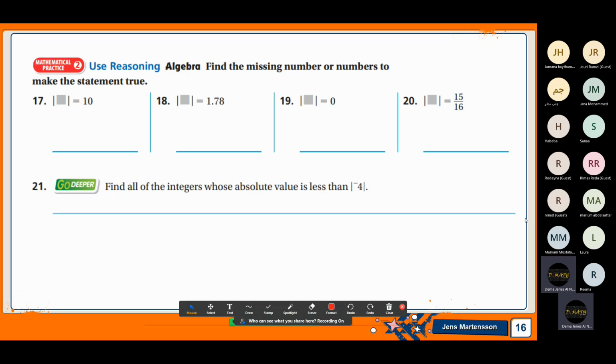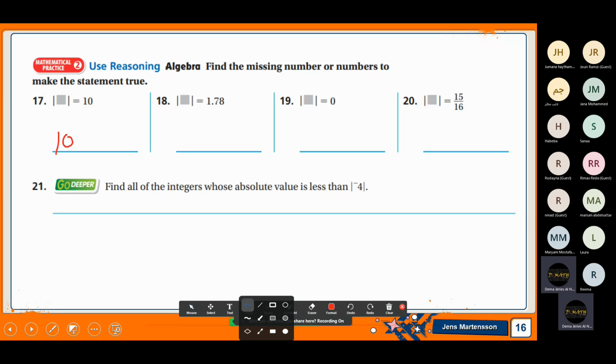First of all, can you give me a number that its absolute value is 10? It's 10. It's the same number. You have to say 10 or negative 10. So the absolute value of 10 is 10.